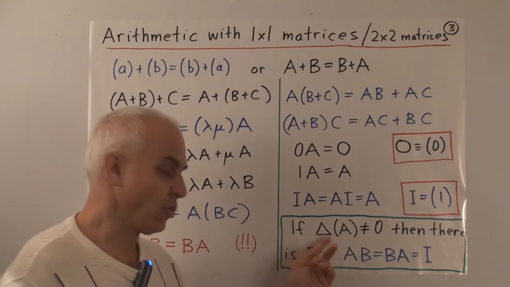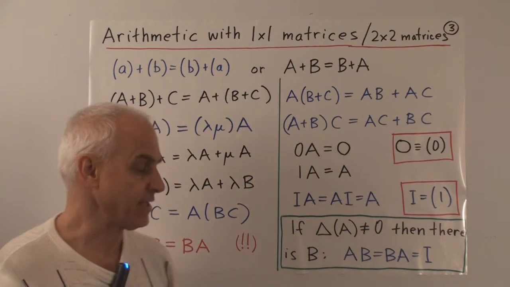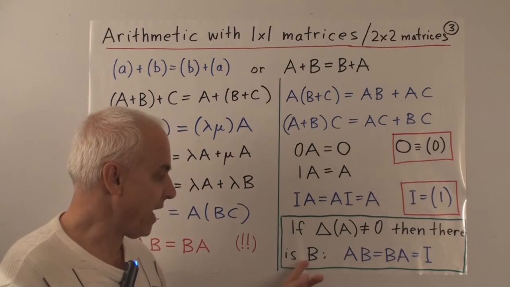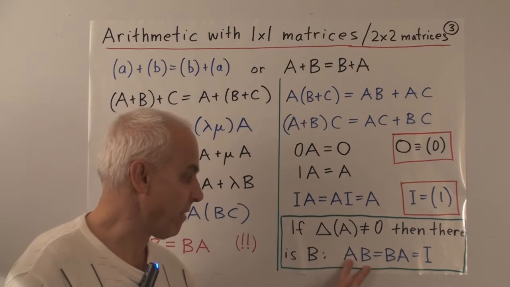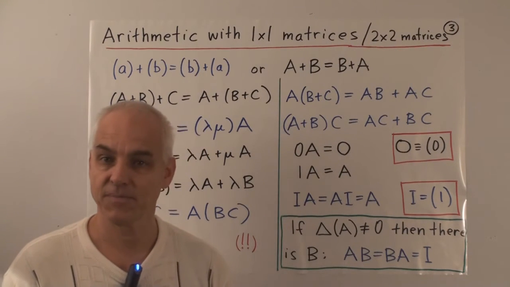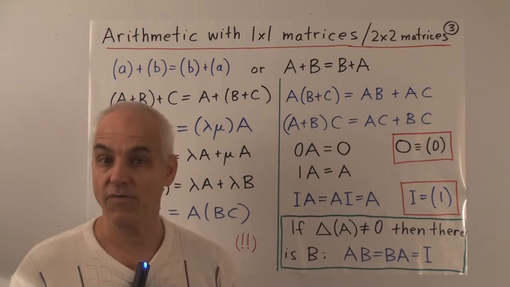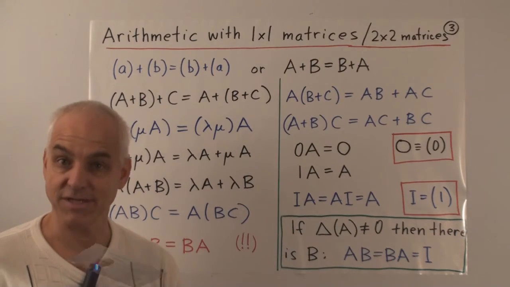So I haven't told you yet what delta of A is, but I think you can guess already that it's a determinant, and that's in fact correct. If the determinant of the matrix A is not equal to 0, then we can invert that matrix. In other words, we can find another matrix that multiplies together with it in either order to give the identity matrix. This is the analog in arithmetic of finding the inverse of a number. So let's have a look at this law in some more detail.